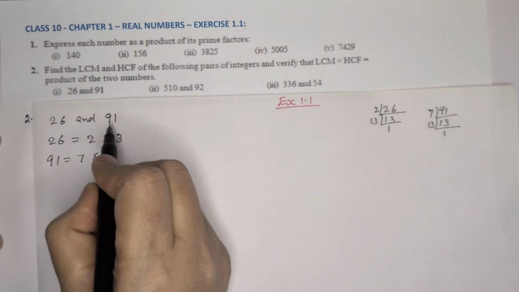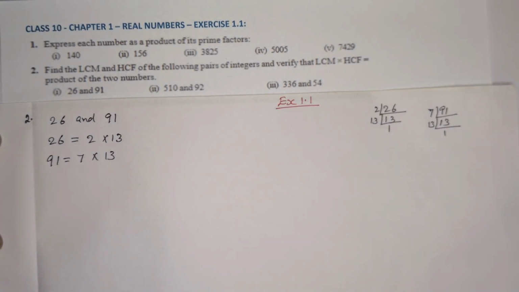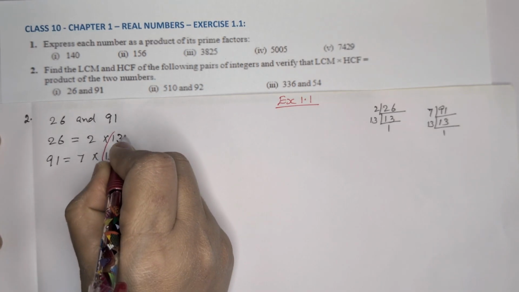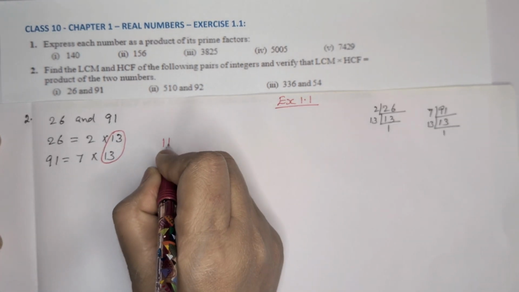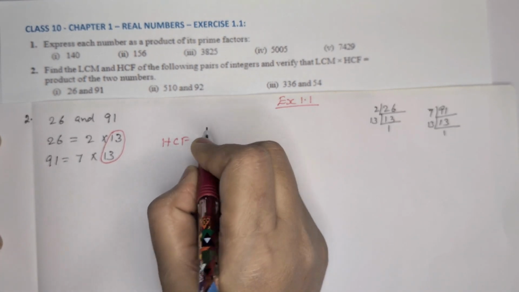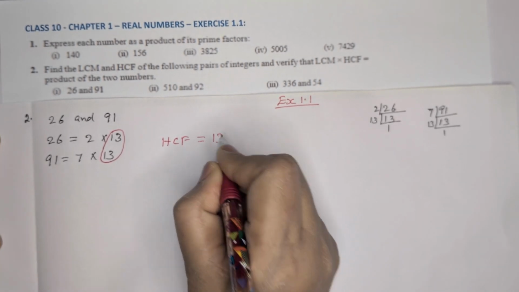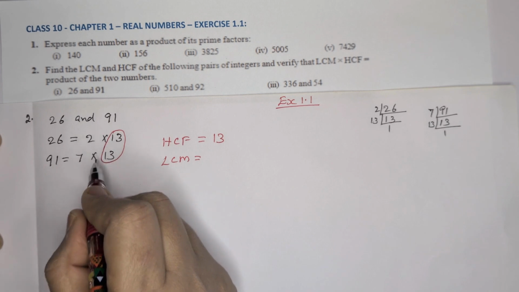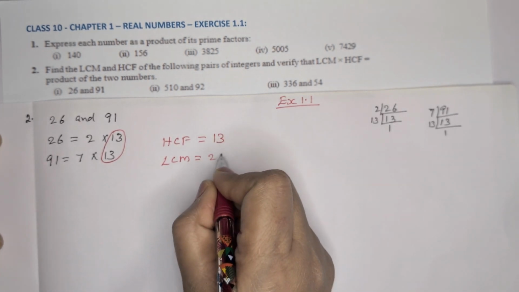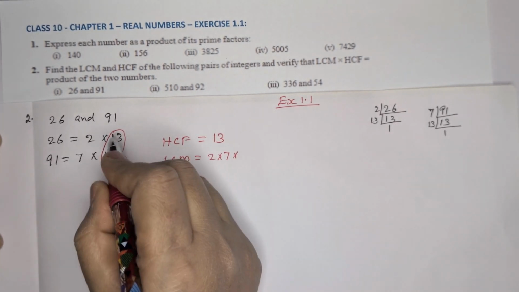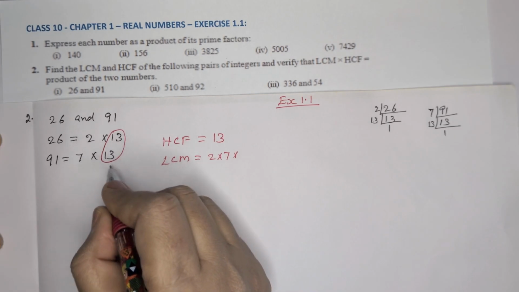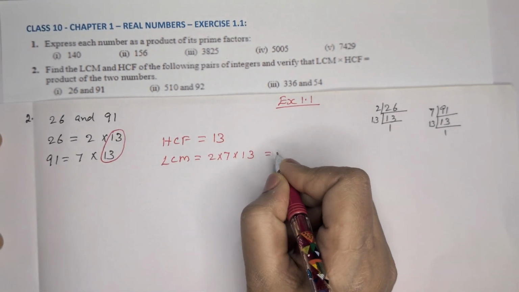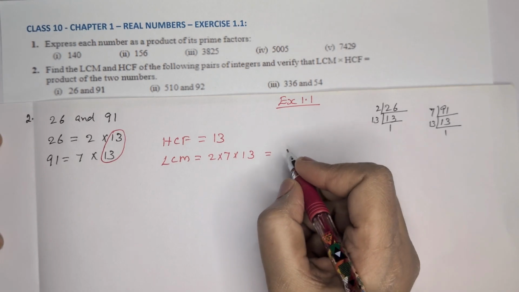Now from here we can see HCF is 13, the common factor, 13 only. So HCF is equal to 13. Then LCM is equal to the remaining numbers, 2 into 7 into 13, taking the common factor just one time, which is equal to 182.